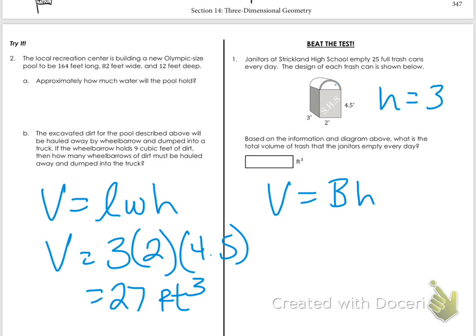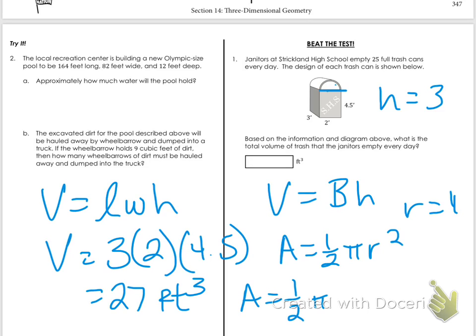So the area of the semicircle, well, the area of a circle is pi r squared. The area of a semicircle is going to be 1/2 pi r squared. And this distance right here is 2 feet, which means that the radius is going to be 1 foot. So the area of that semicircle is going to be 1/2 pi.